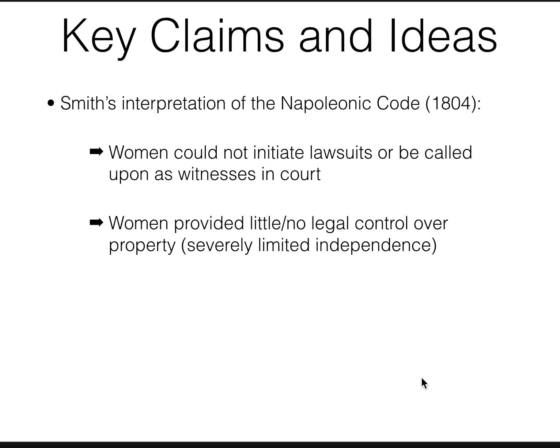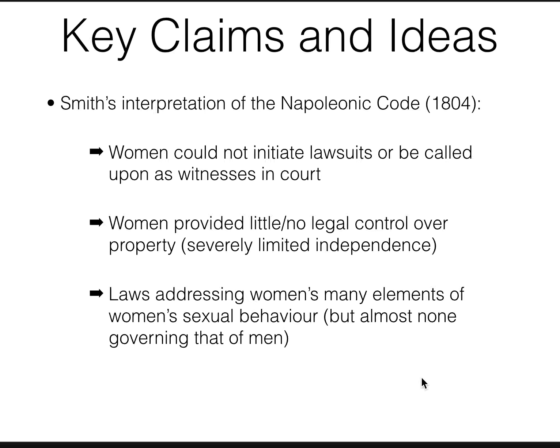And there's another good example of how the code disadvantaged women. The third and final example, there are more, she presents many more, but this is just another one. She points out that many of the laws in the code addressed elements of women's sexual behavior. So they were and were not allowed to do certain things sexually, but these were almost absent for men.